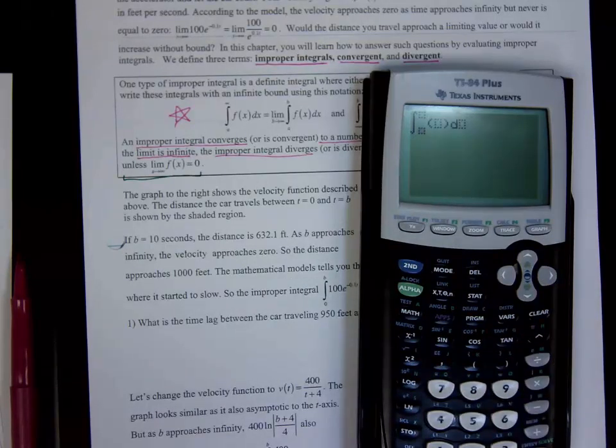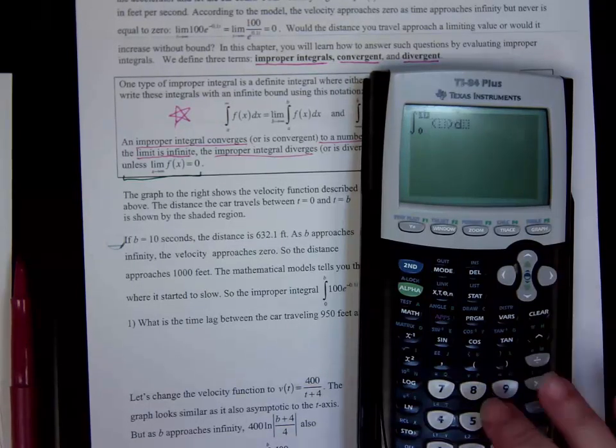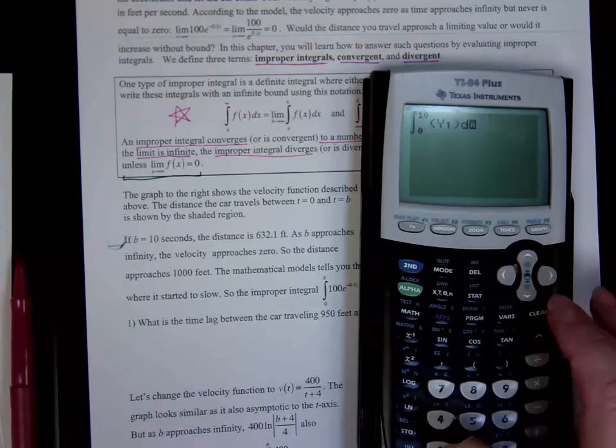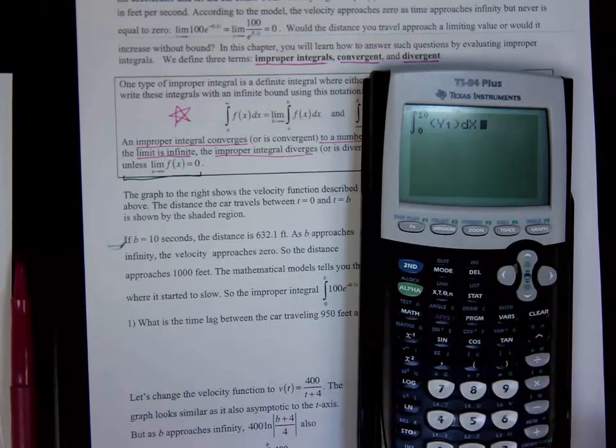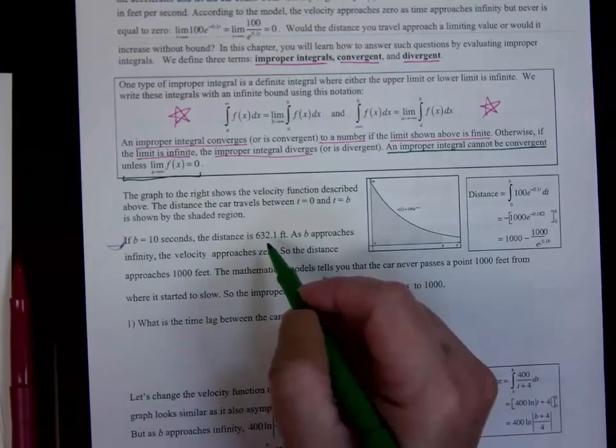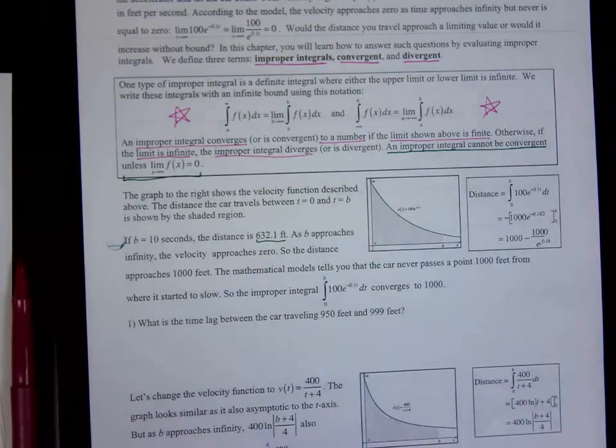So if I want it for the first 10 seconds, 0 to 10, very good. So put it in 0 to 10, and then y1 dx equals 632, okay? And it gives me that number right here, 632 feet.